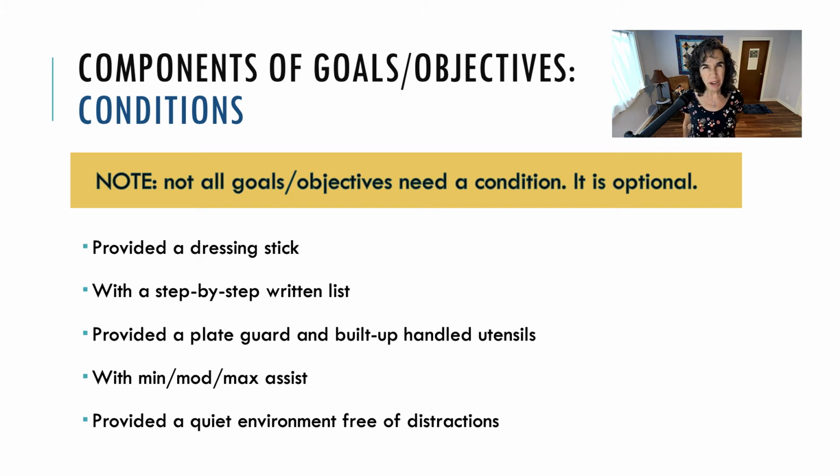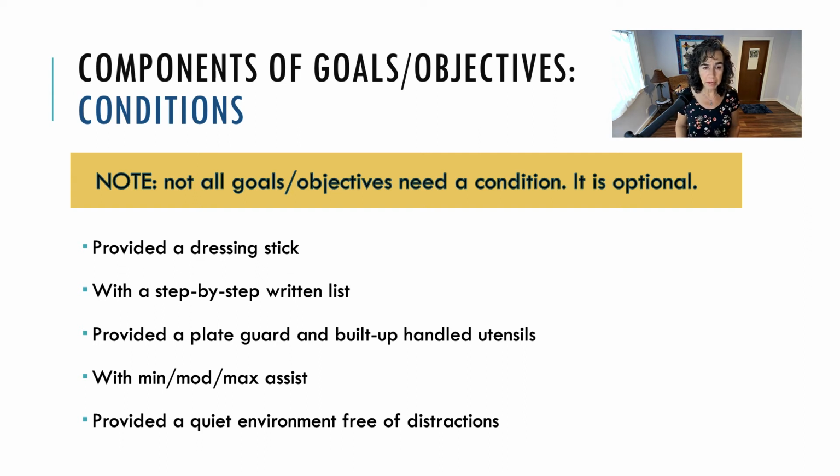We could contrast that with having him be in the cafeteria after school with his peers all around. See what I mean? So conditions are not necessary, but a lot of times they help us define what successful performance would be.